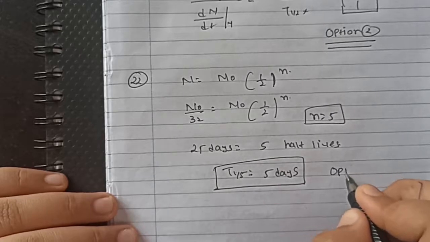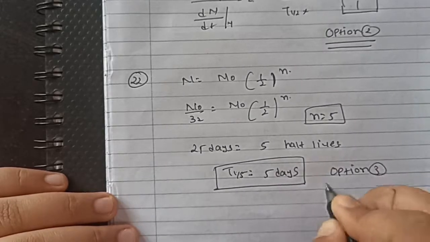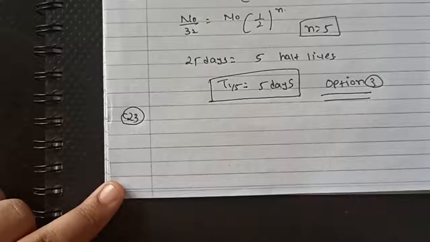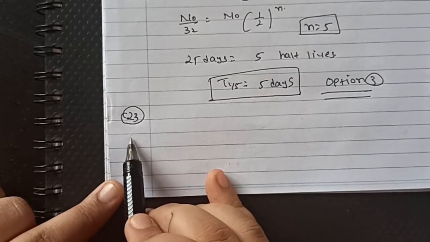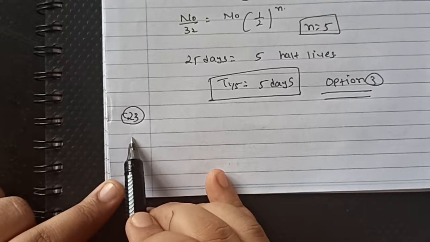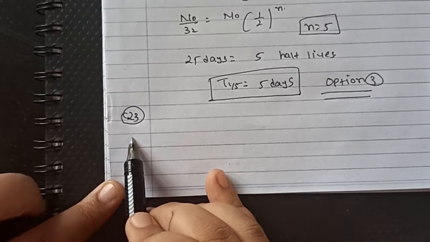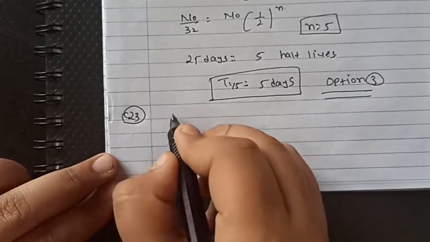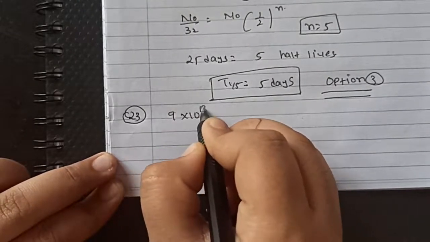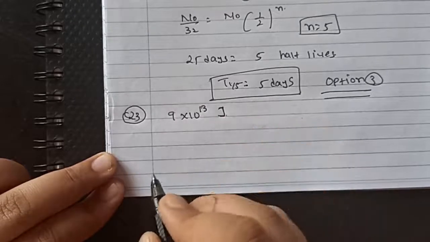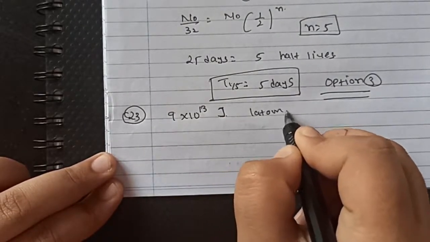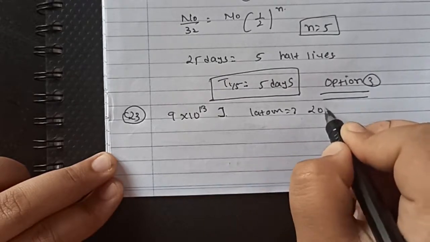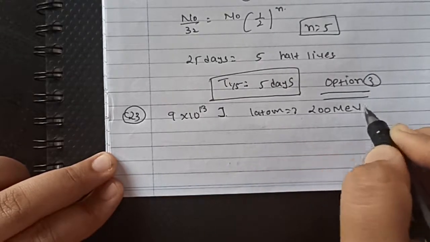So option 3 is correct option. In question number 23, we want to find the number of uranium-235 nuclei required to undergo fission to give 9 into 10 power 13 joule of energy. Here for one atom the energy released is 200 mega electron volt.